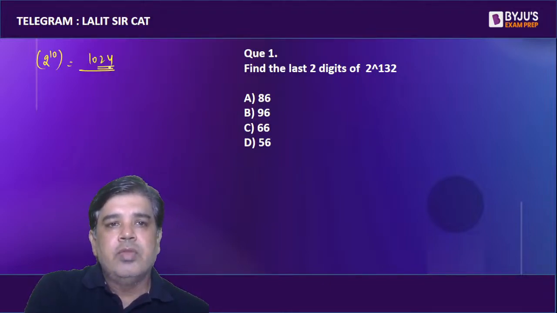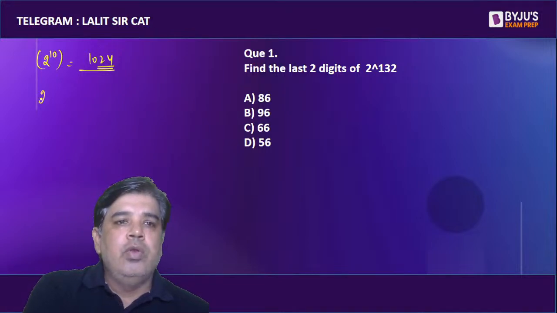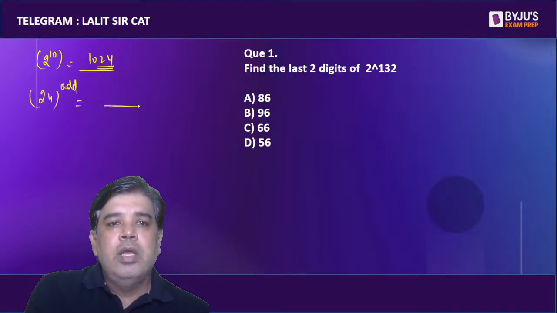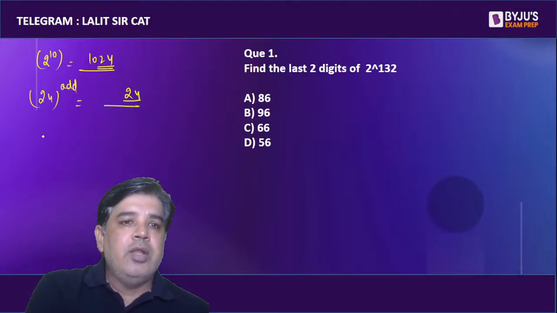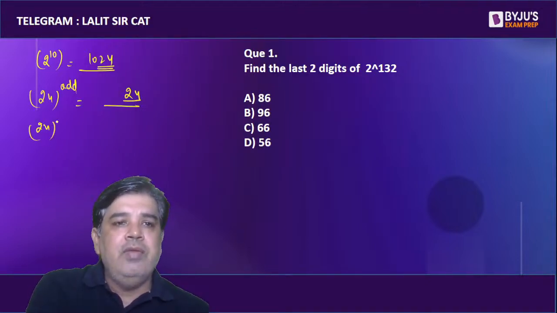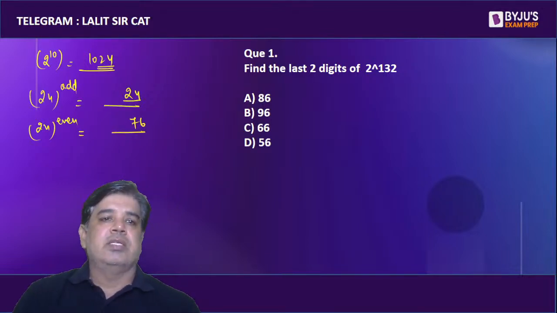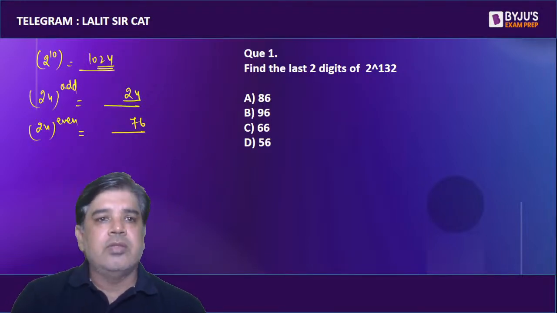It ends with 24. Then there is a rule of 24: 24 raised to power any odd number always ends with last two digits 24, and 24 raised to power any even number, the last two digits are 76. Always. This is the rule.